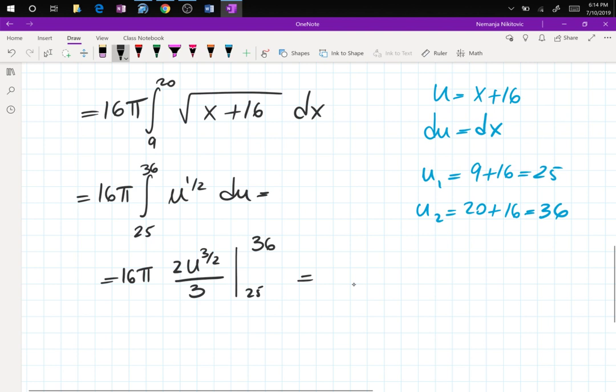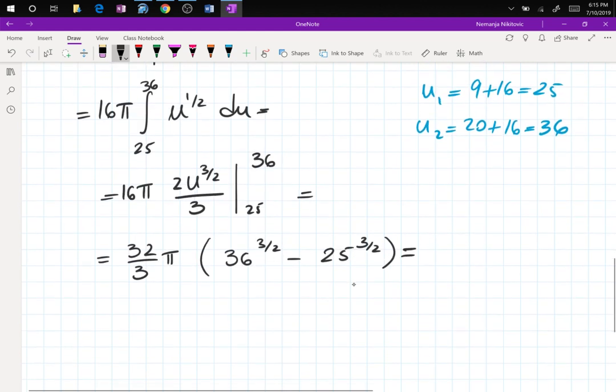This is 16 times 2, 32, so we have 32 over 3 pi, and in parentheses I have 36 raised to the 3/2 minus 25 raised to the 3/2, and now you compute this.